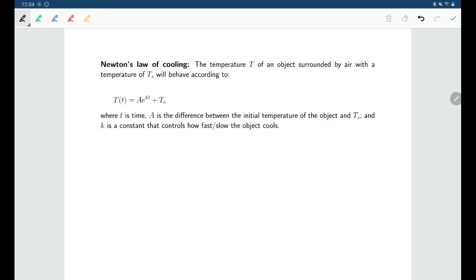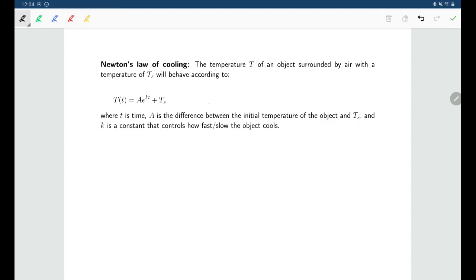The other things that we have here: this K, again, is our decay constant that is controlling how fast or how slow our object is cooling. And that A is not our initial temperature. A is the difference between our initial temperature and the temperature of the surrounding medium.